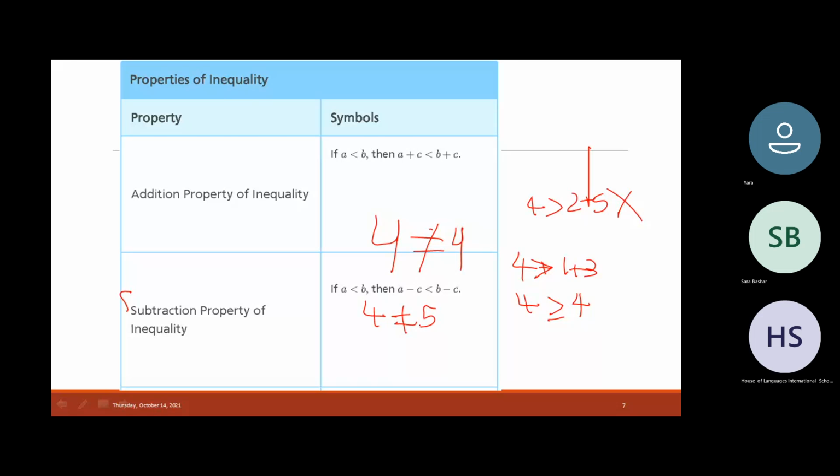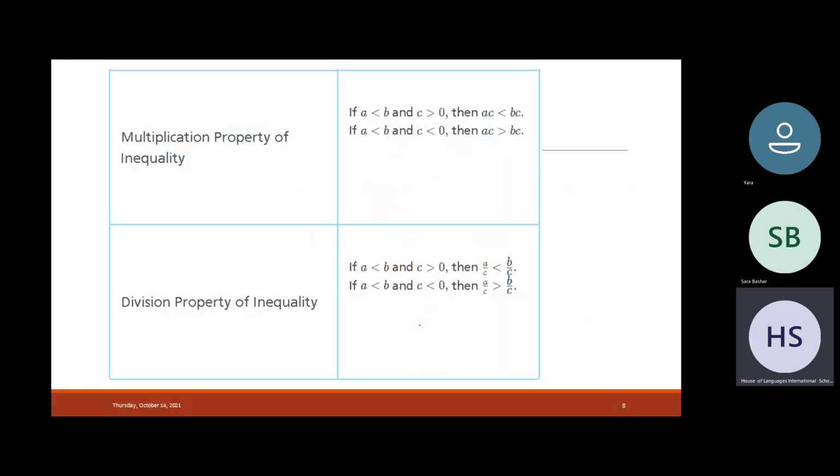Okay. Now, for the multiplication property of inequality. If we have 3 greater than 2, as an example, and I multiply 5 to both sides, what do I get? 3 times 5, 15. Is it greater than 10?